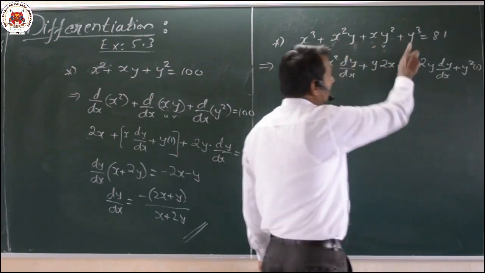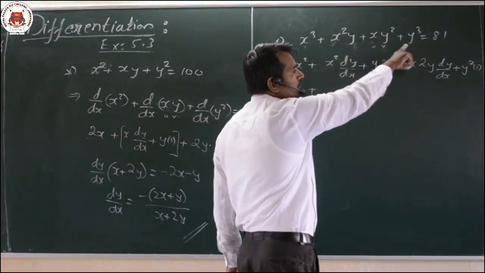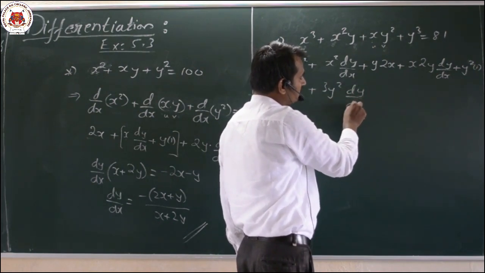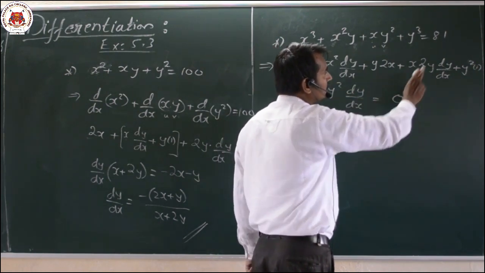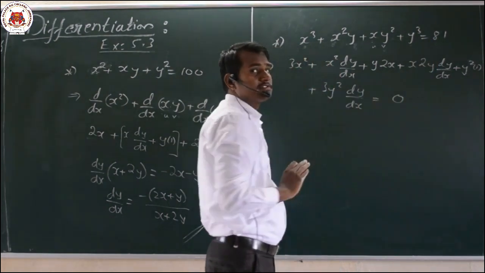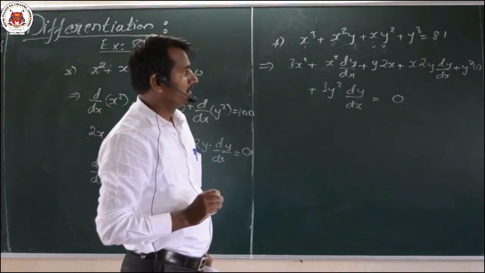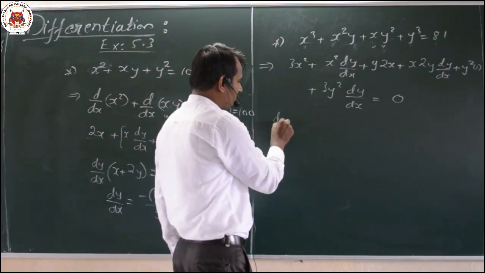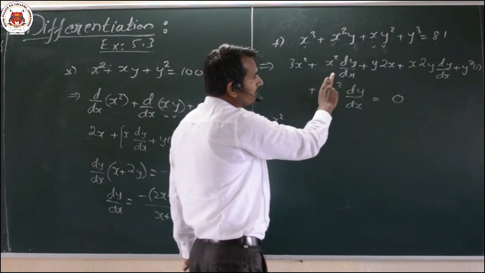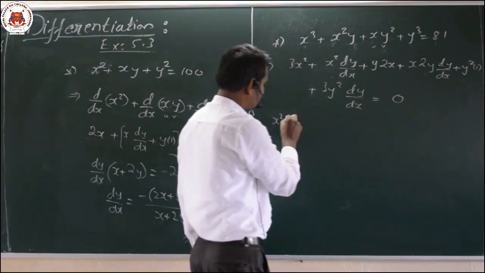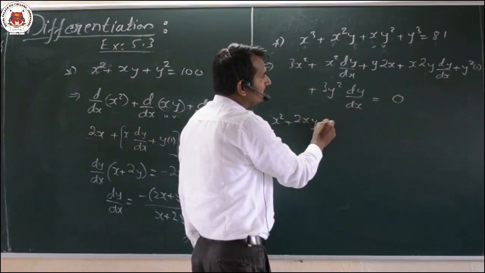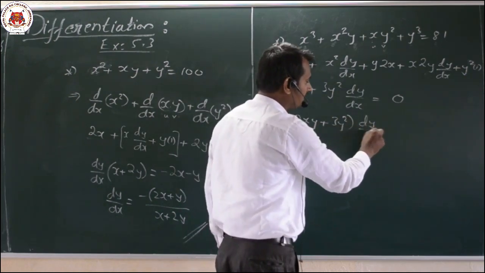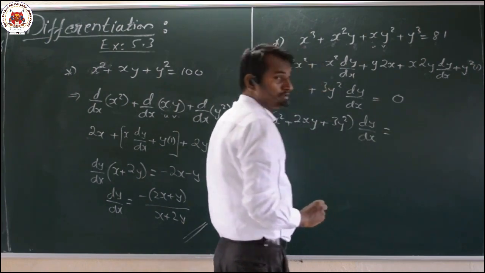Next at last plus y cube differentiation will be 3y square into further differentiation of y, which is dy by dx, which is equal to constant differentiation, which is 0 here. Now I can take all the dy by dx terms, that is x square we are having, then plus 2xy, then plus 3y square into dy by dx, which is equal to the remaining part.